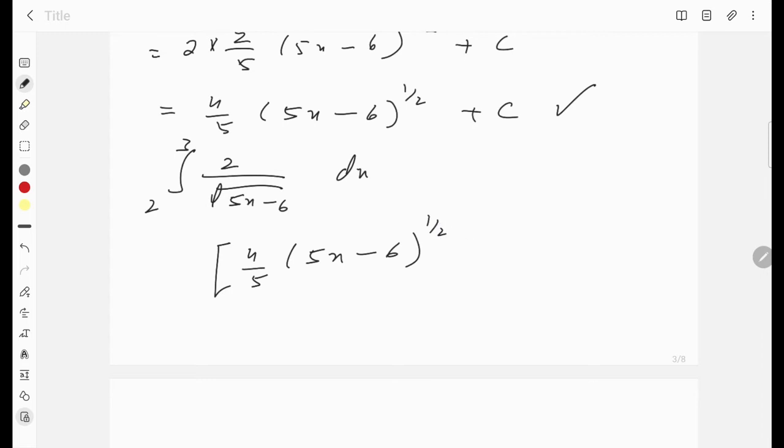When you are finding a definite integral, it is one in which limits are given to you. Then there is no need to write the arbitrary constant c. So you can apply the limit 2 to 3.